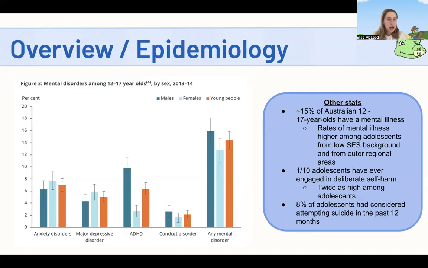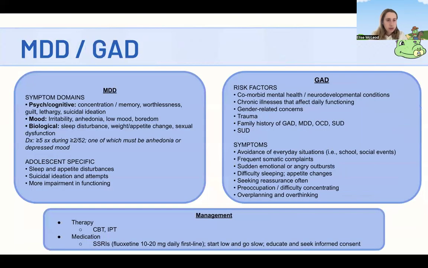And you can see here that anxiety disorders and ADHD are the most common mental health conditions. And then I'm just going to touch on depression and anxiety. So in terms of major depression, the symptom domains involve a psychological or cognitive component, so issues with concentration and memory, feelings of guilt and worthlessness, fatigue, and plus or minus suicidal ideation.